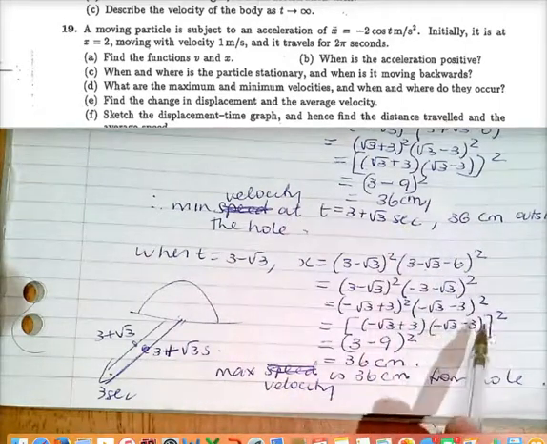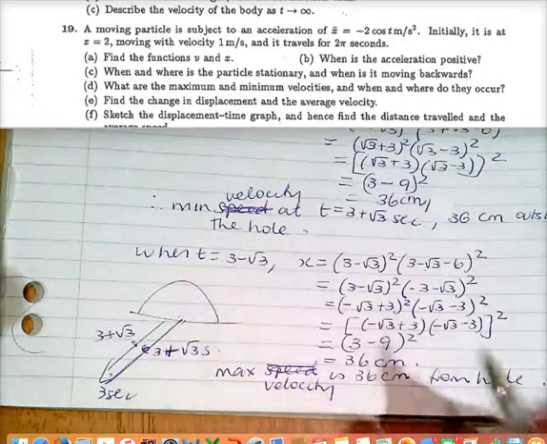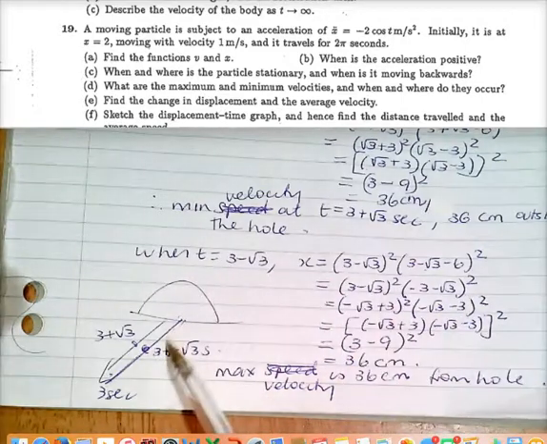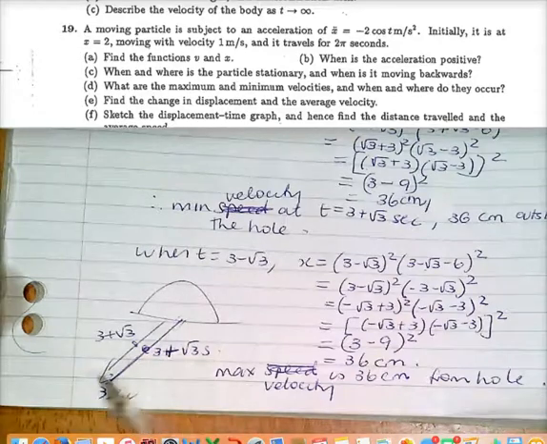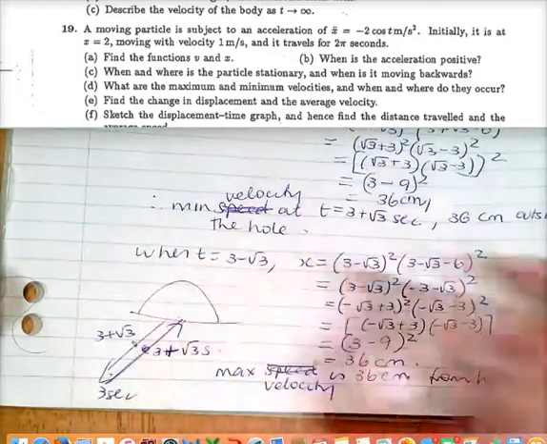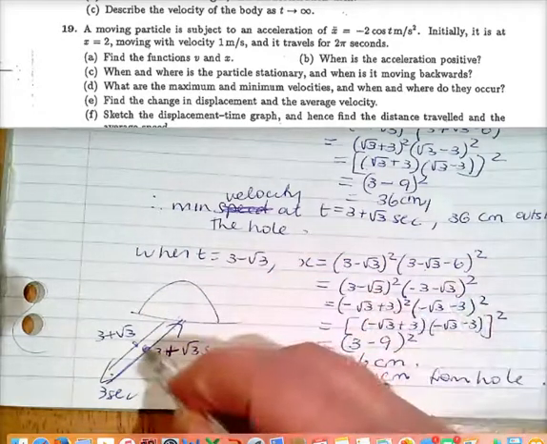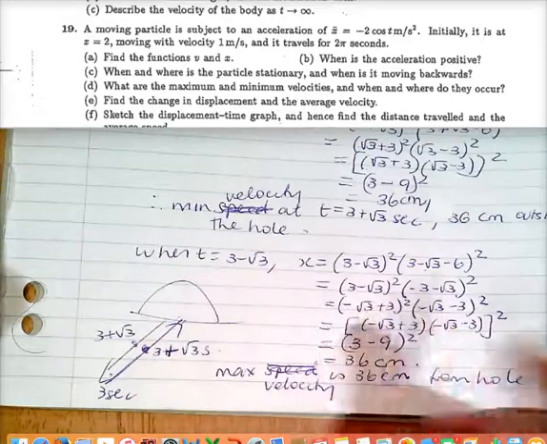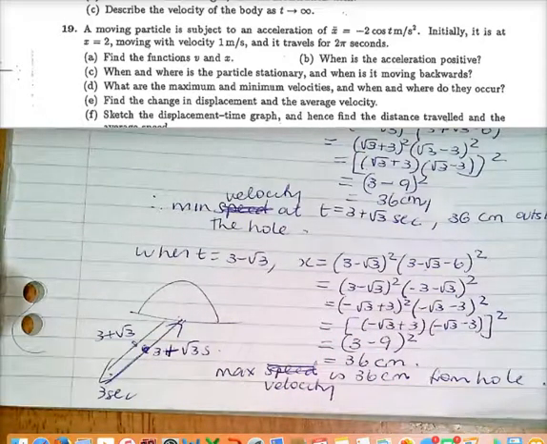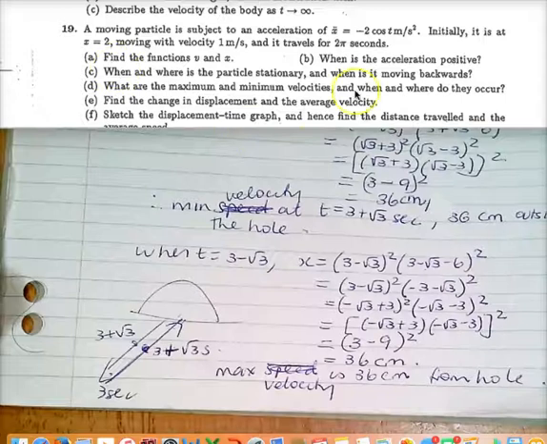Okay, so one's going in, one's going out. That's why the velocity coming out is positive and the velocity going back in is going to be negative. But the same speed occurs at 3 plus root 3 and 3 minus root 3 seconds, just occurring in opposite directions, okay?